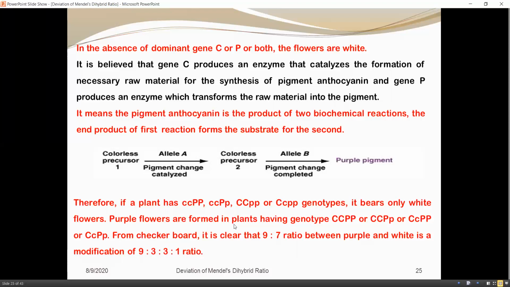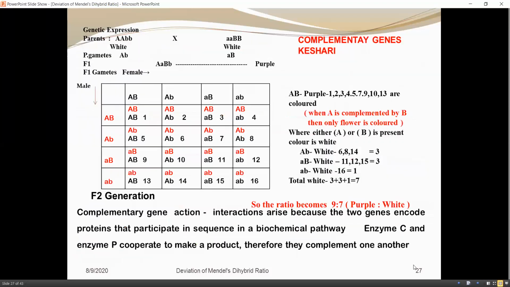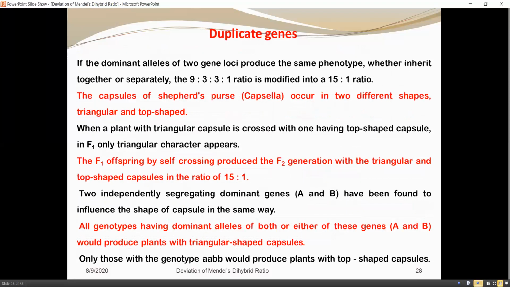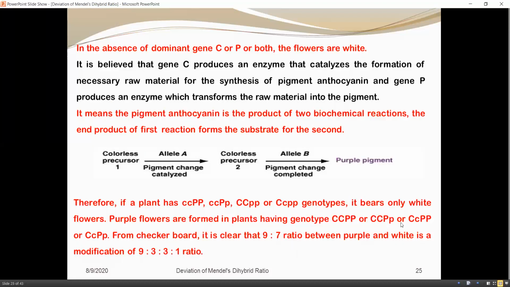Purple flowers are formed in plants having capital C, capital C, capital P, capital P, or capital C, small c, capital P, small p genotypes.